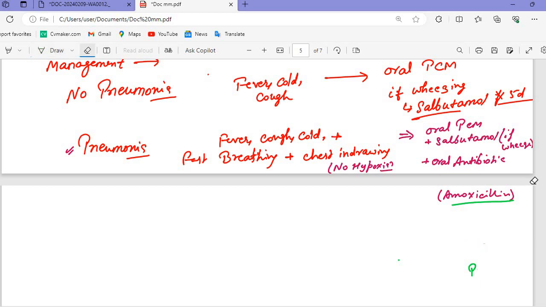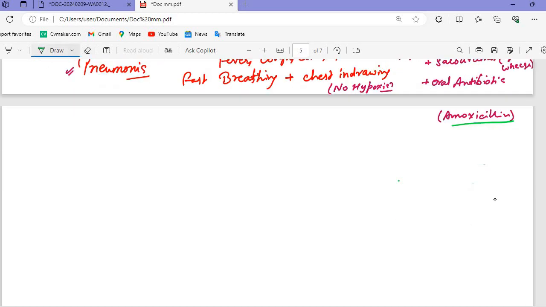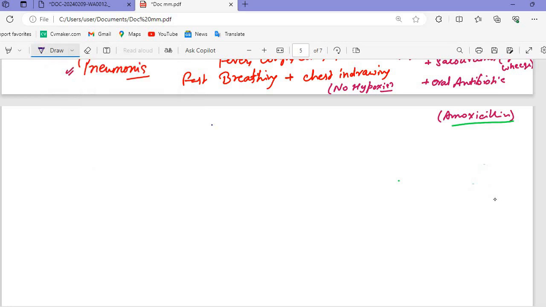If this pneumonia is there and we have given oral paracetamol, salbutamol, and an oral antibiotic or amoxicillin, then what if the person develops severe pneumonia? If the pneumonia is not treated and further complicates into severe pneumonia, we can call this a very severe disease.